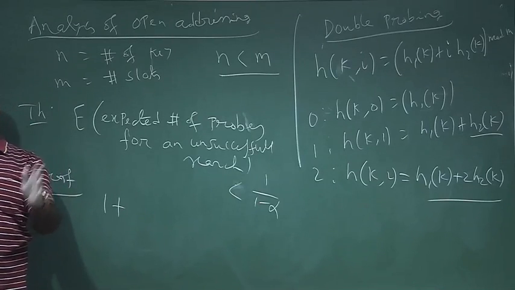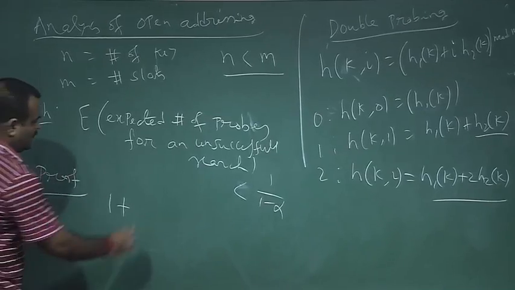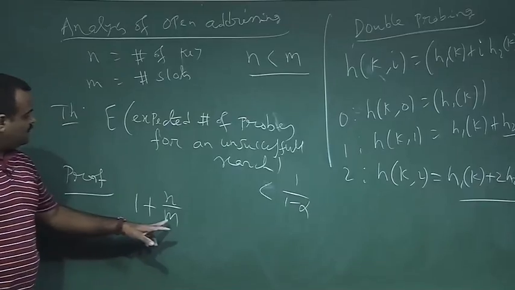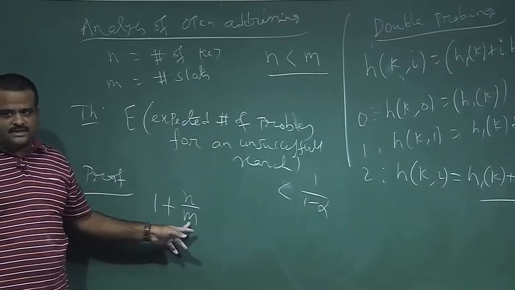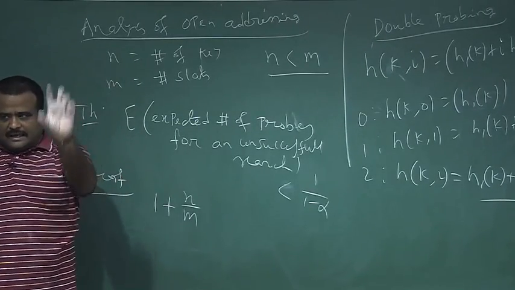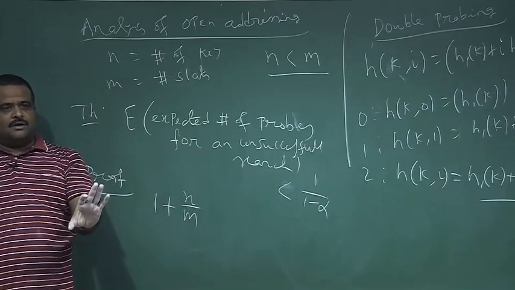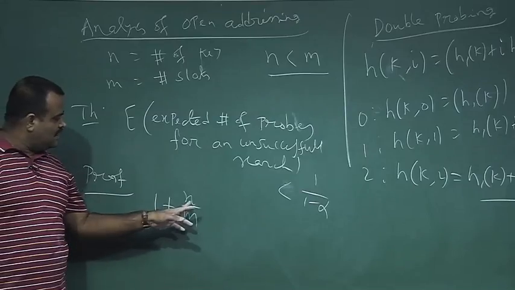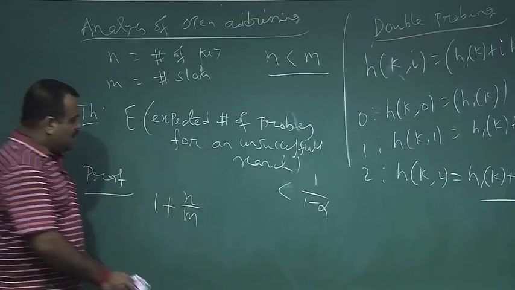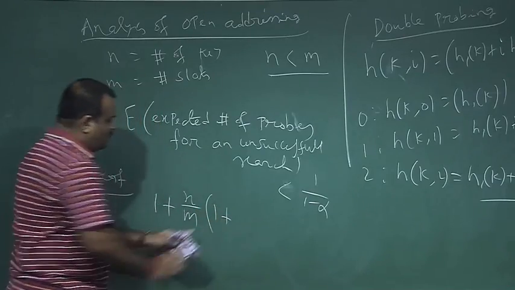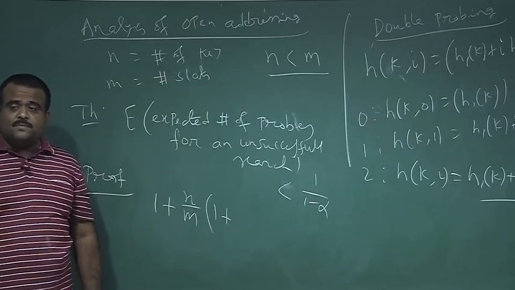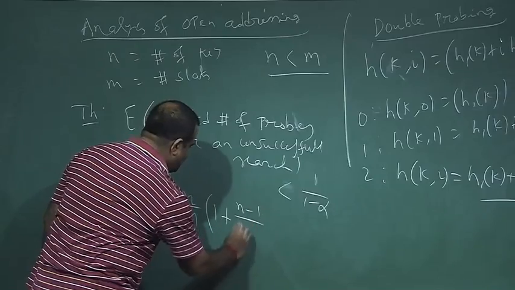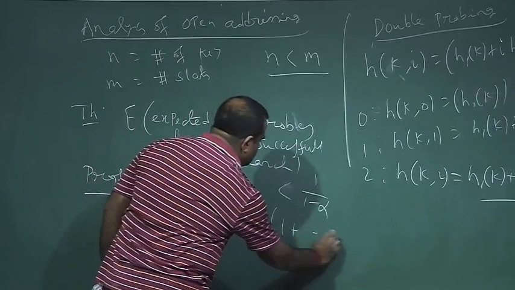The probability that it hits an occupied slot is n by m, because m is the total number of slots, the total number of cases, and n is the number of keys occupying slots. That is just the classical definition of probability. Then again we go for the next probe, and if it again hits an occupied slot, that probability is this. This way we continue.